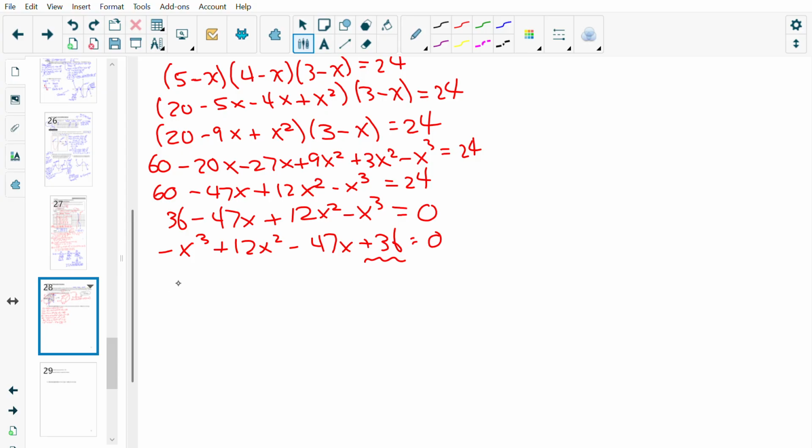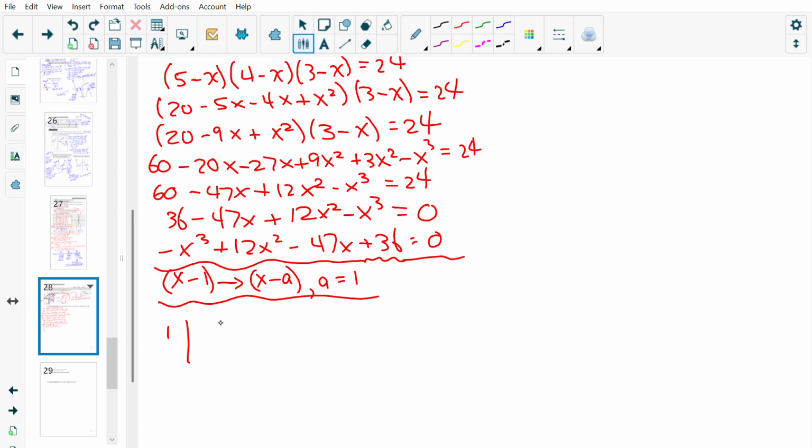So I'm going to divide by x minus 1. So remember, if I do x minus 1, that is x minus a. I'm going to use a equals 1 for my synthetic division. Okay? So let's do that. So I have 1, and then my polynomial, negative 1, 12, negative 47, and 36.